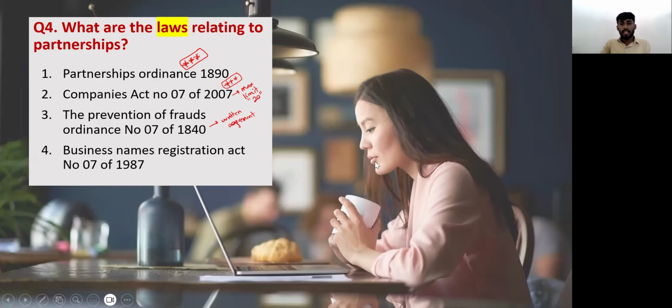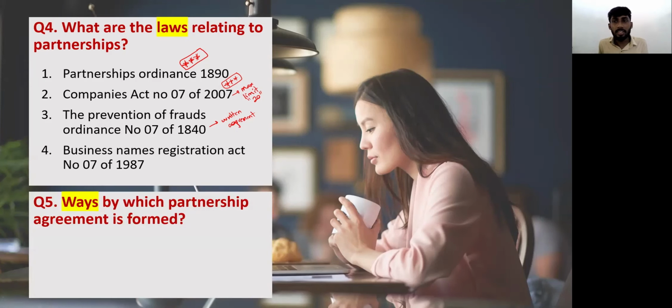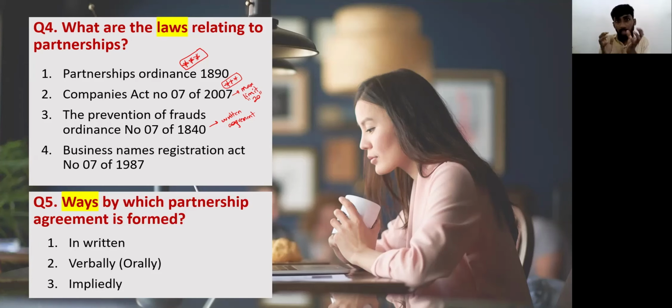Now, after learning these laws and regulations, let's check how the partnership agreement is formed. I told you to become a partnership, there should be an agreement. When it comes to an agreement, you have learned contract law, I guess. In contract law, we learn that an agreement or a contract can be made either in writing, we can write it, or verbally, we can mutually agree to words, or else impliedly.